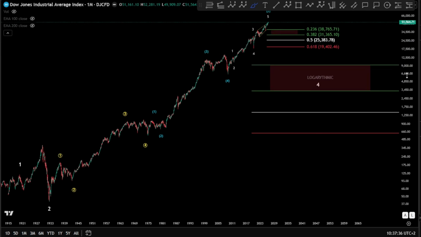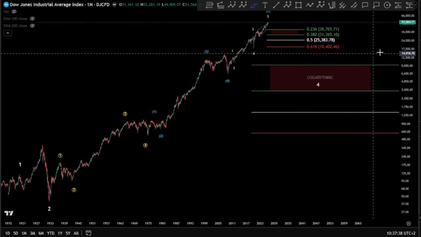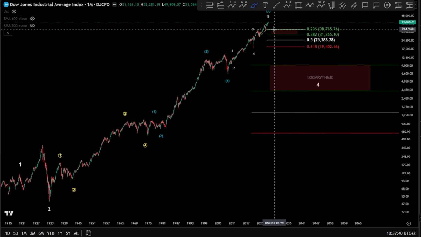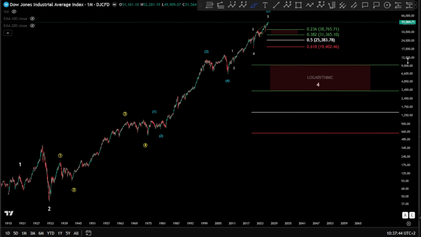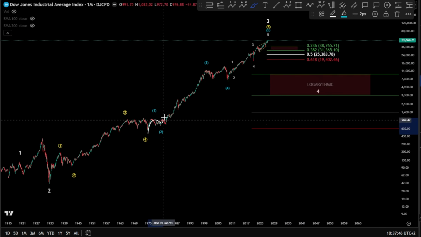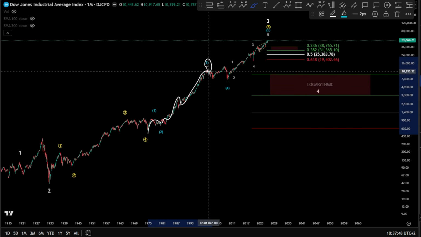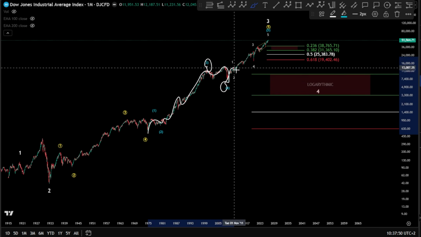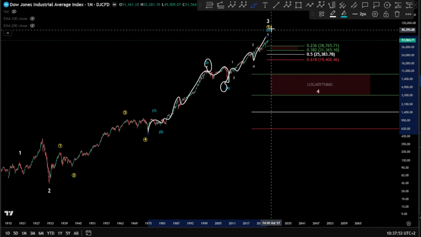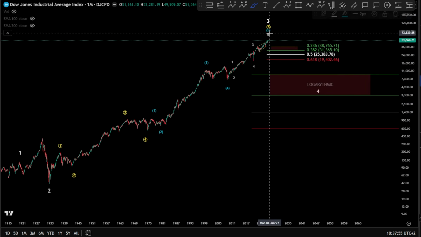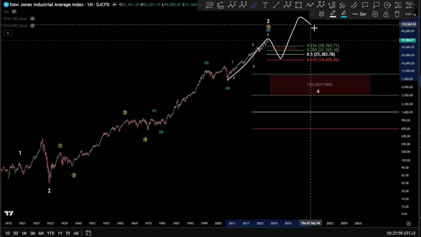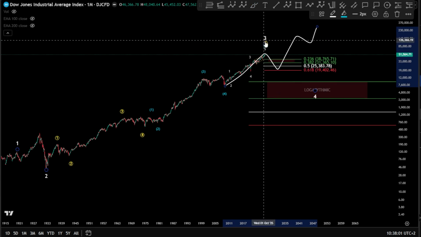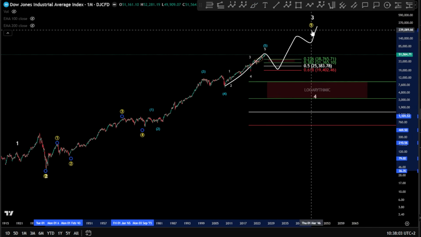Now our target here can be something, of course, very close to be finished, and we're looking for this correction because we might have finished here a 1, 2 and a 1, 2, 3, 4, 5 for a wave 3, then expanding flat wave 4, then 1, 2, 3, 4 and a 5 finished, of course, impulse wave 3. We're looking here, even if we are going to extend, meaning a 1, 2, 3, 4, 5, like a larger wave 5, like that.